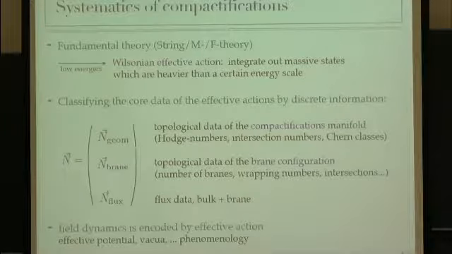Okay. Then at the end of the day, we have some effective action, which can be, of course, very complicated, and the field dynamics is then determined by some potential, and we can determine four-dimensional vacua and do some phenomenology. That's all I will say about phenomenology in this talk, mostly.